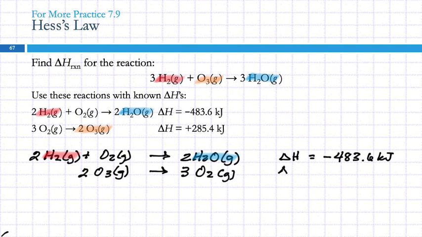And so I wrote the equation backwards, so what do I do to delta H? I change the sign, because the heat's going in the opposite direction. So that's negative now. So here's my ozone.